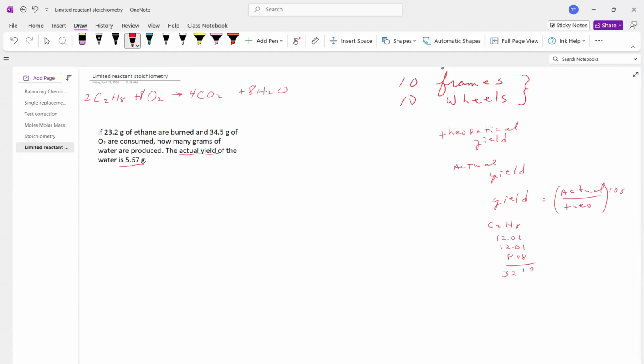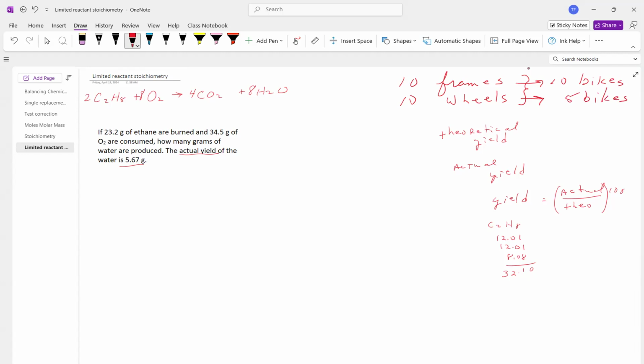Someone said 5. Why not 10? Because with 10 frames, there's one frame per bicycle, so looking at frames, we should get 10 bikes. If we're looking at wheels, we can only get 5 bikes, because it takes 2 wheels per bike.